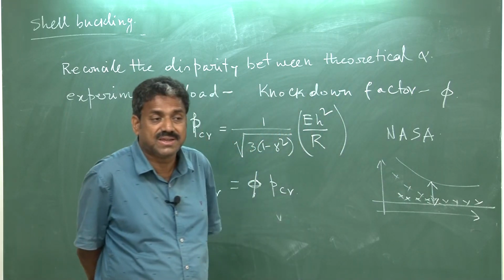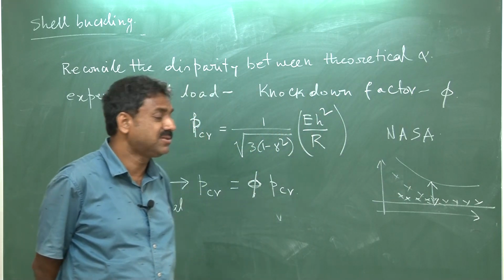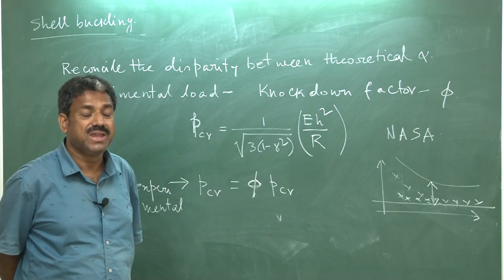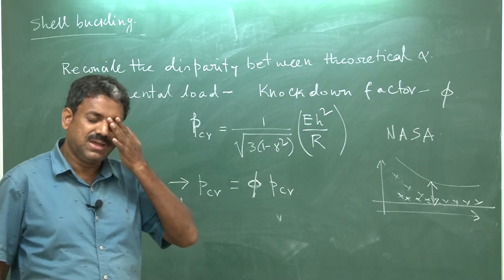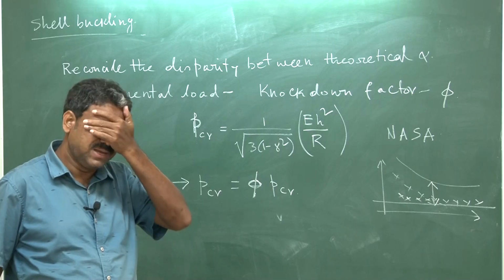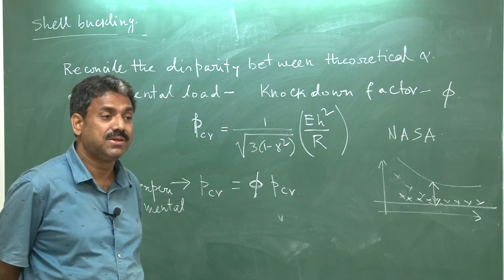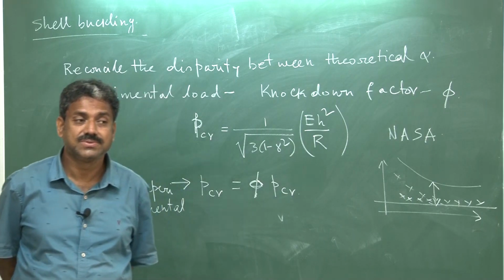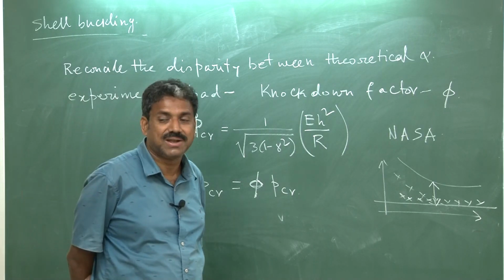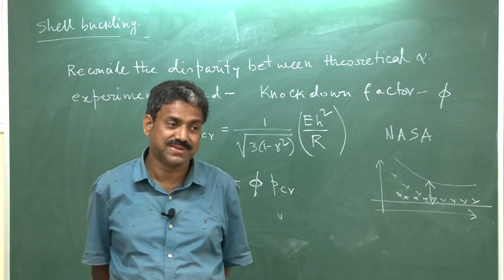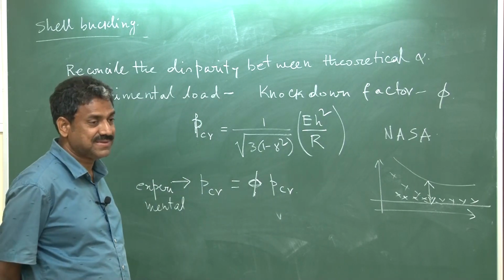Why this significant scatter? Because there is so much uncertainty involved in the geometric imperfections of the shell. Here we have assumed imperfections very similar to the deflection profile, but actually they are not. These are random imperfections, and there are n number of imperfections that can occur.